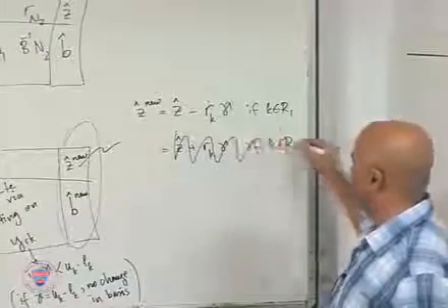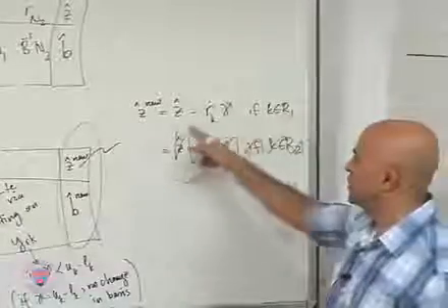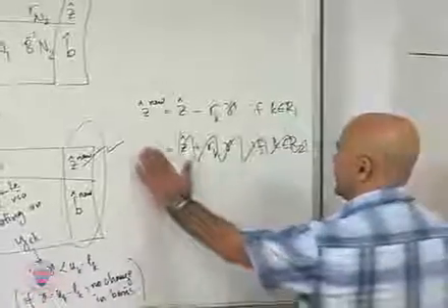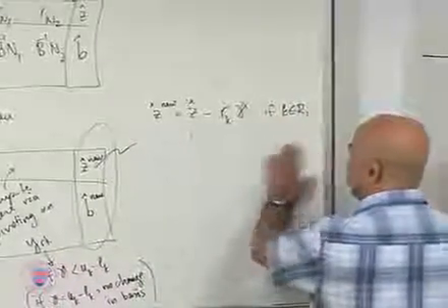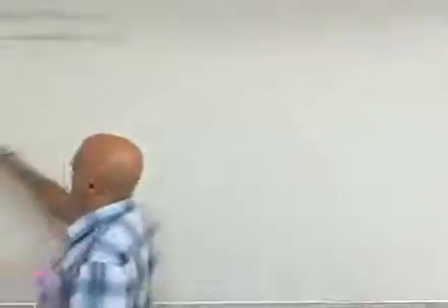So let's just cross that. In the first case, we assumed K comes from R1, so this is the only case that's applicable, okay? Erase this. The second case will be applicable now.